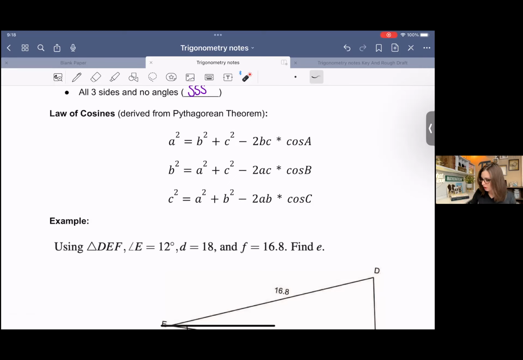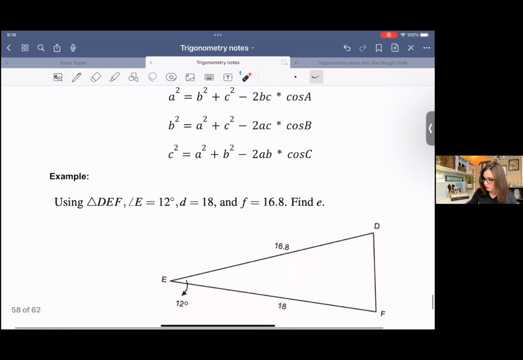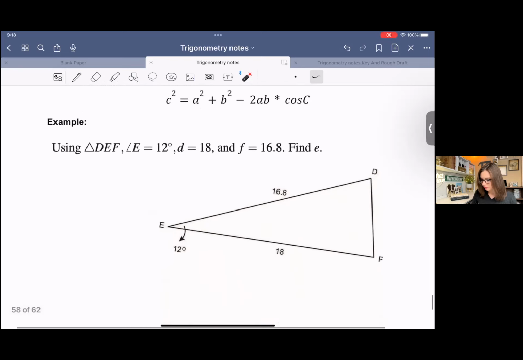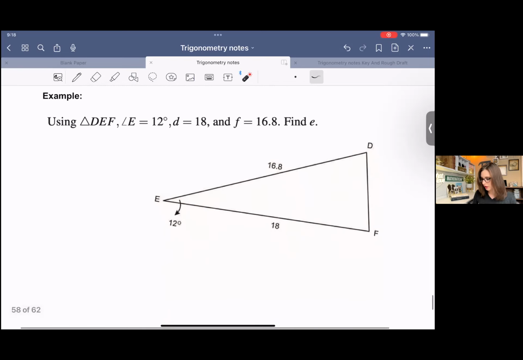So we have an example here. If you have a running sheet of identities and theorems and laws, you might copy those down onto your sheet just to have handy. But it's not too hard to remember if you want to just try to remember it. All right, we have a triangle here, and this is a side angle side triangle.